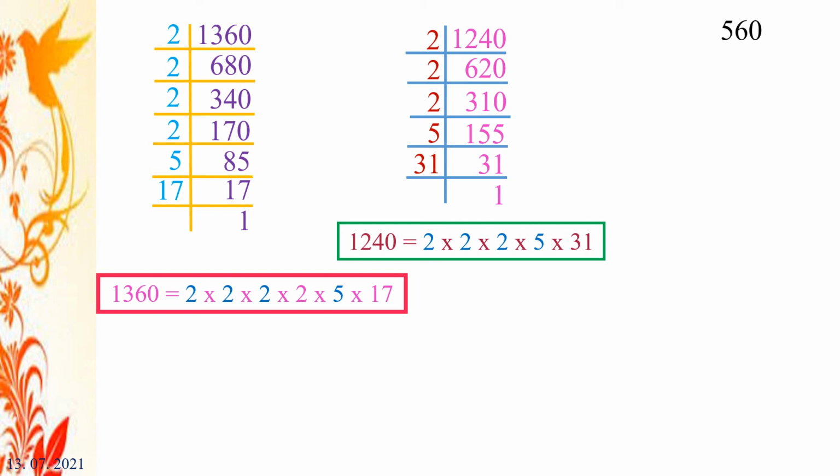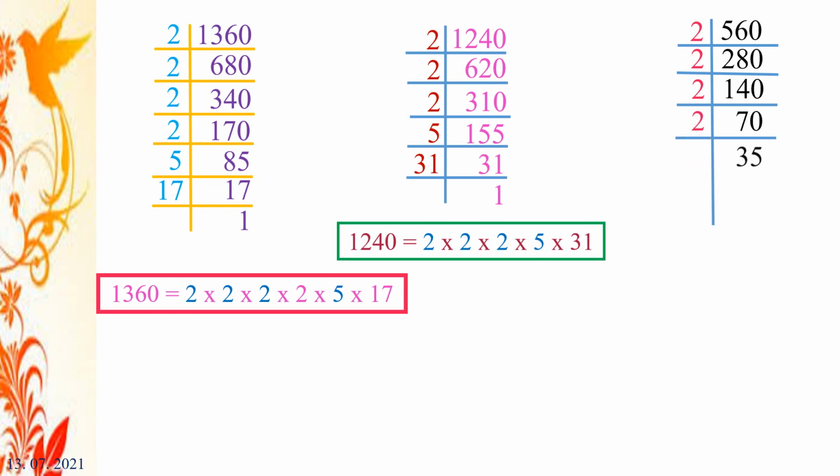Then take 560. Here, is it divisible by 2? Yes, because that is an even number, so it is divisible by 2. We'll get 280. It is also even, so it is divisible by 2. And we'll get 140. 140 is also even, it is divisible by 2. We'll get 70. 70 is also even, so it is divisible by 2.